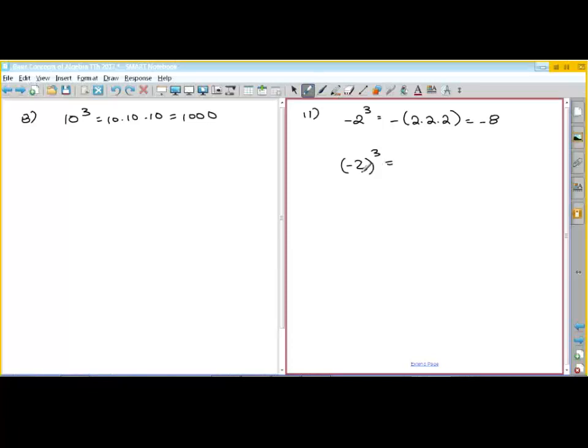So the answer is negative 8. Now you actually get the same answer either way in this particular case. Here you have negative 2 cubed, so you take negative 2 times negative 2 times negative 2. That's still equal to negative 8, because you have 2 times 2 times 2, which is 8, and an odd number of negative signs, which means it's negative. Yes?